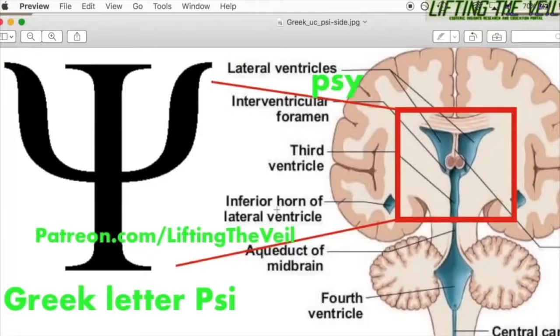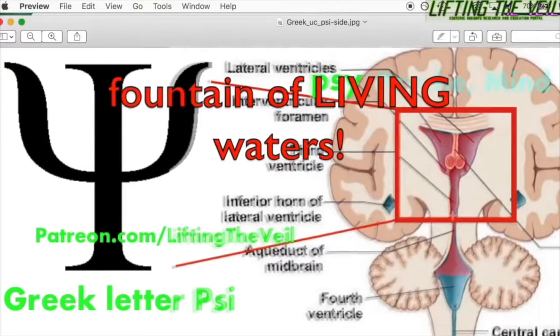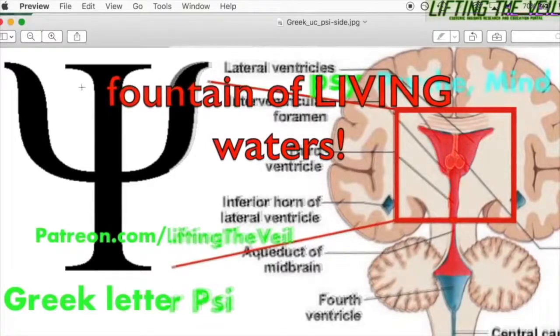And since we're on the areas of the septum pellucidum and the lateral ventricles, this is obviously the same geometry as the Greek letter psi. Again, here you have the wings, or the chalice. You have the chalice, the Holy Grail. You have the Holy of Holies here within the lateral ventricles, and the third ventricle, which penetrates the two.